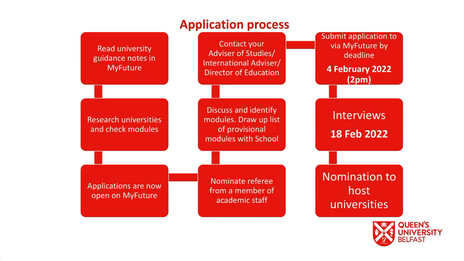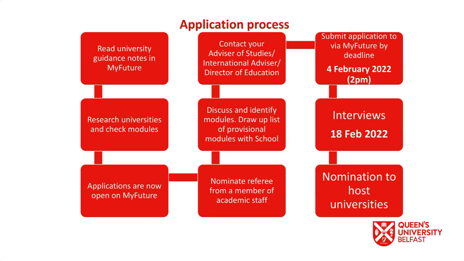We would then ask that you discuss and identify the modules that you would be taking in either Newcastle or Kingston, and draw up a list of provisional modules. That is actually part of the application process. When you look at the application, we ask you to identify the modules that you would study in your host university. Only your first choice host university, so you don't need to do it for both.